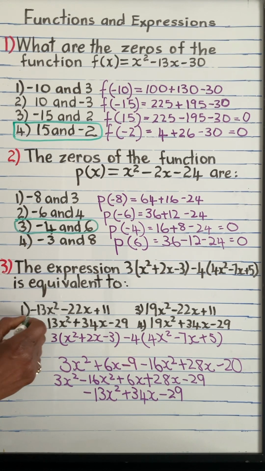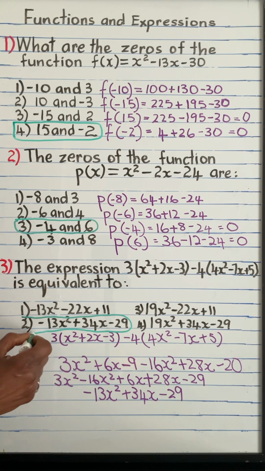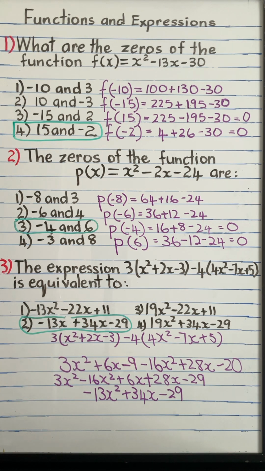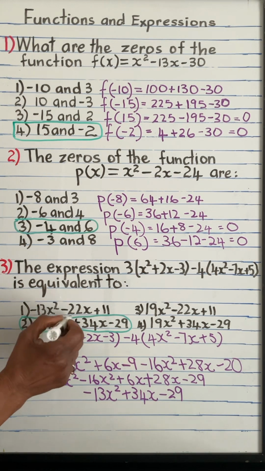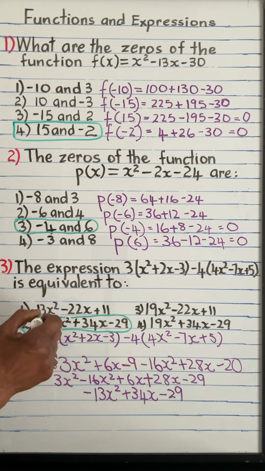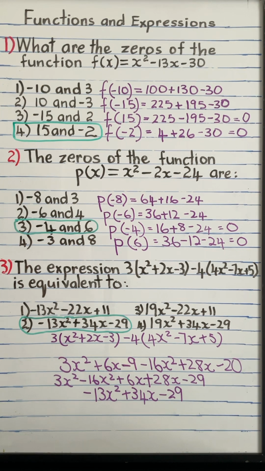So choice 2 is the correct choice: negative 13x squared plus 34x minus 29.